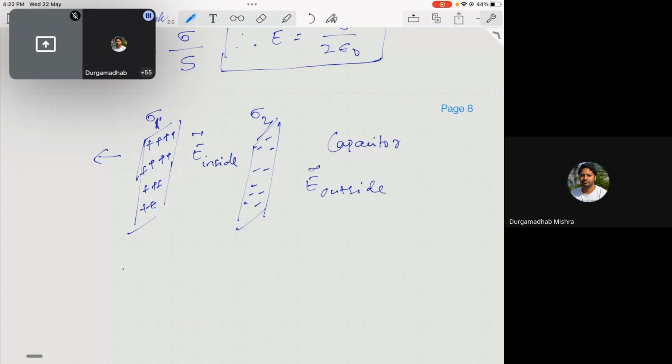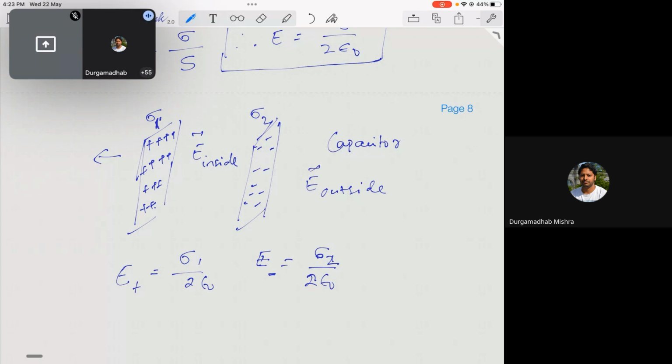Let's say, due to the positive charges, it will be sigma 1 divided by 2 epsilon naught, and for negative charges, it will be sigma 2 divided by 2 epsilon naught. Okay. So then you can add and subtract, and find out what will be the net electric field within and outside. So we are using Gauss's law to find the electric field, in a situation very similar to a capacitor.